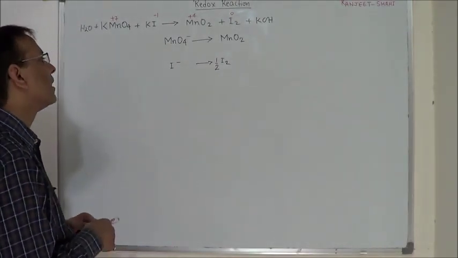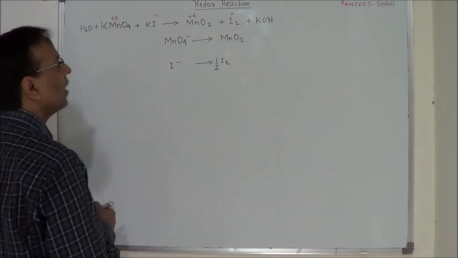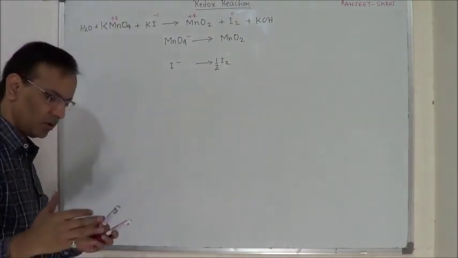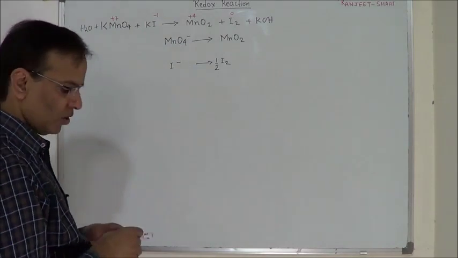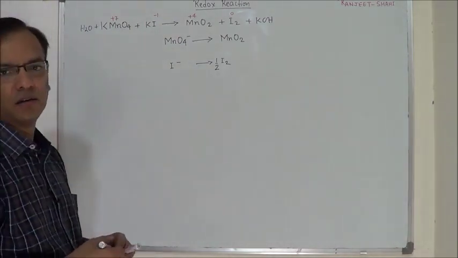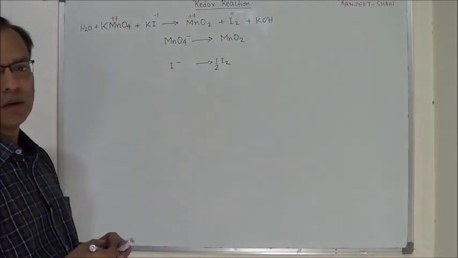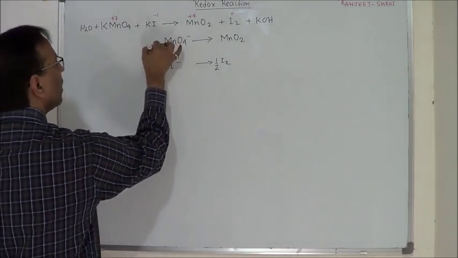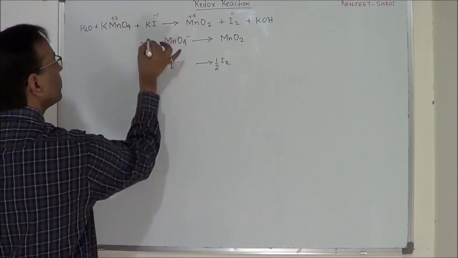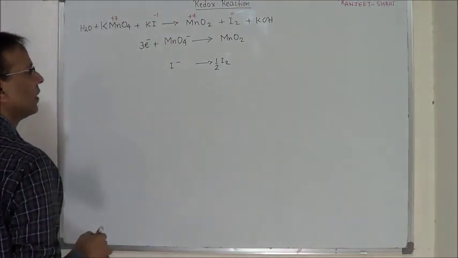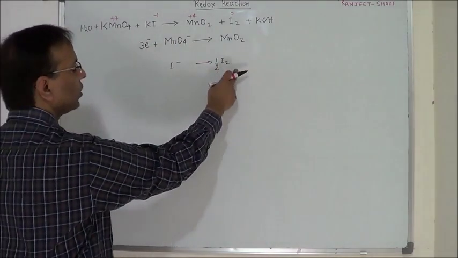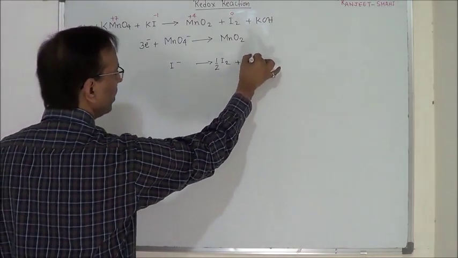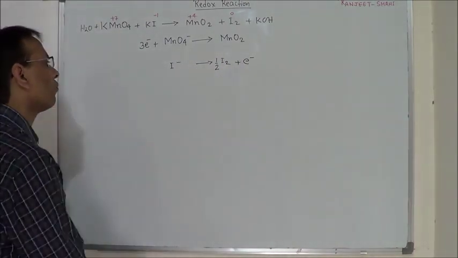In first reaction, we have difference of 3, 7 to 4. So 3 electrons will be added on higher oxidation number side. So on this side, 3 electrons. In second reaction, -1 to 0. This is higher side. So 1 electron, -1 to 0.